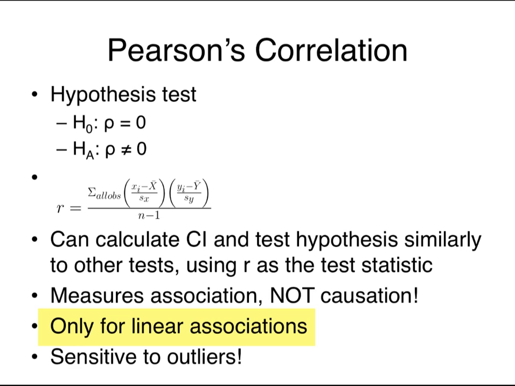This is a real and important association, but because it's not linear, the Pearson's correlation would not work in detecting this relationship. Another thing to note about Pearson's correlation is that because it's a parametric measure, it's sensitive to outliers. So outliers may artificially increase or decrease a correlation.